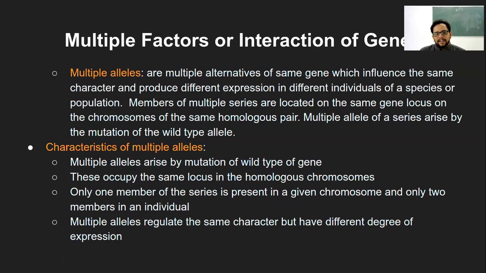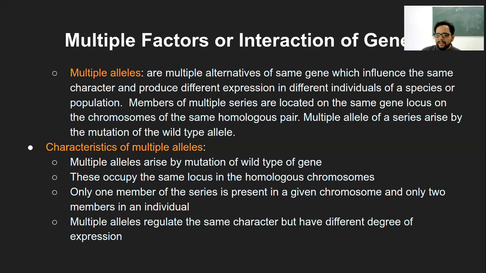Then the fourth point: the multiple alleles regulate the same character but can have different degrees of expression. Like I said, for a particular skin color, let's say with the fourth mutation, if it is expressed more, that will lead to darker skin. So based on the amount of expression of this allele 4, the darkness or complexion of the skin will vary.